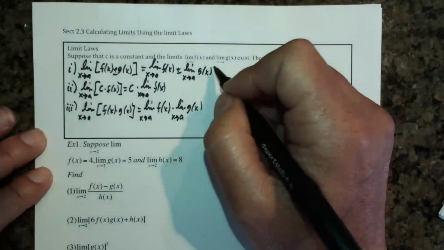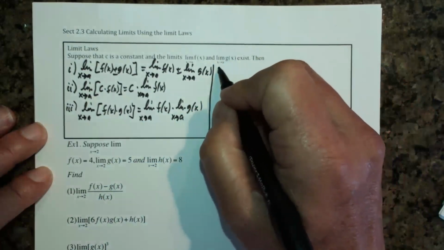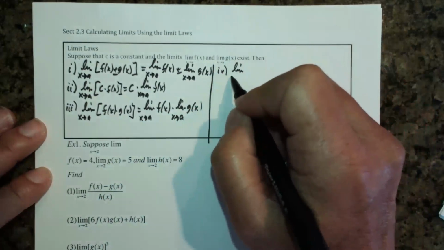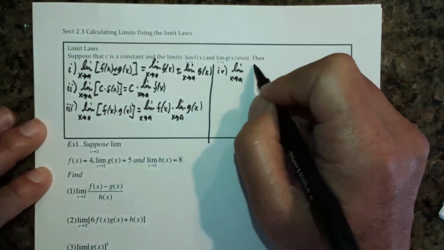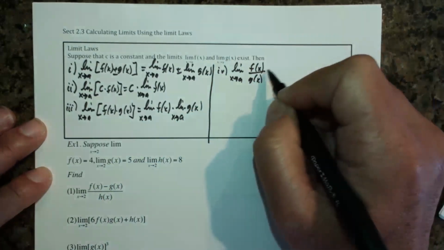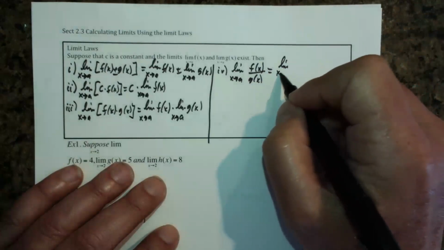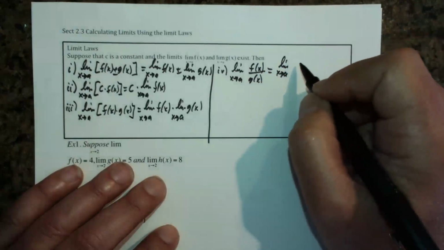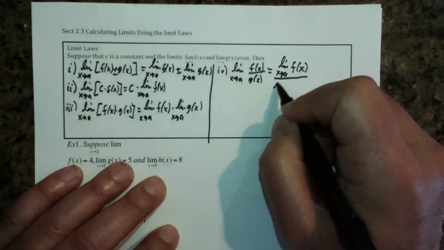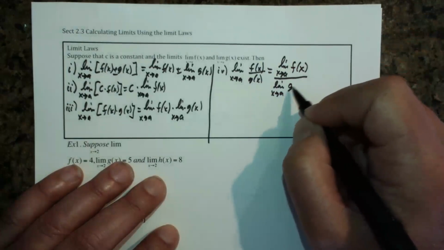And the same thing goes for division. We just break it on up. And these may seem superfluous to you, but come in very, very handy later in the semester. Maybe even today.